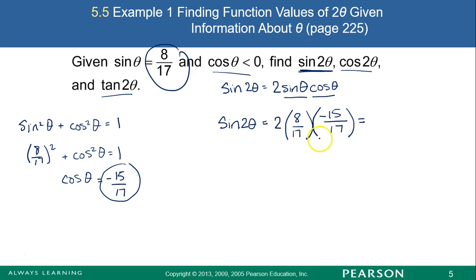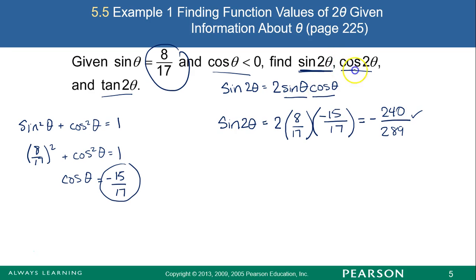Do the multiplication here, and we get 240 over 289. Now, if these fractions can be reduced, I will ask you to reduce them, but this one cannot be reduced any more than what it is. So this is our sine of 2 theta, one of our solutions that we're asked to find.